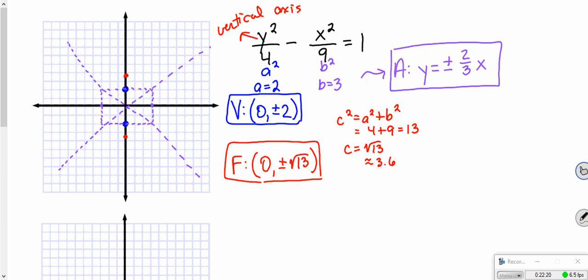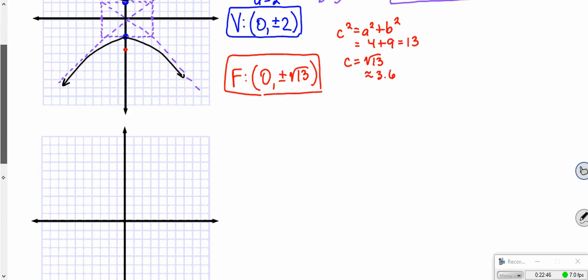We start at the vertex and we just draw out, hugging the asymptotes. Not the best drawing in the world because my asymptote lines are not very straight, but you get the idea. All right, hope that helped.